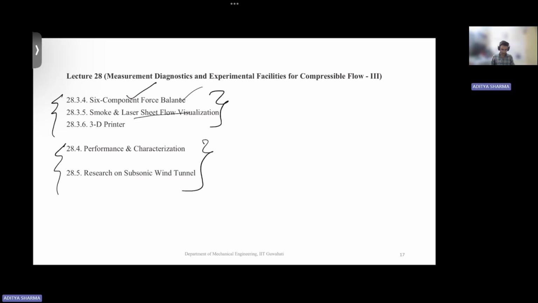Smoke and laser sheet visualization is basically to qualitatively visualize the flow. Then at the end, performance and characterization. We want the turbulence to be minimum in the test section, so before using the wind tunnel, we calibrated it for that, and also checked whether the flows and pressures in the test section are coming correctly.